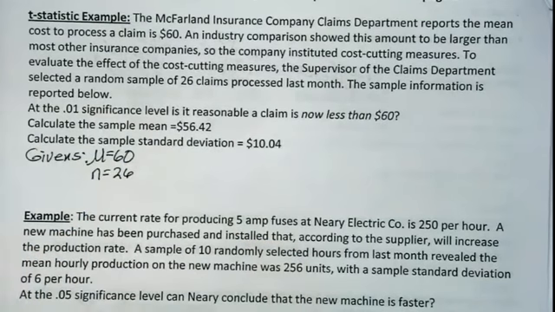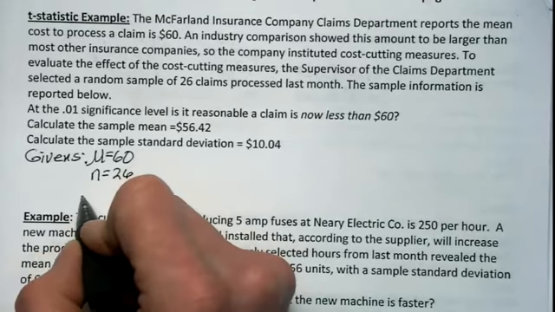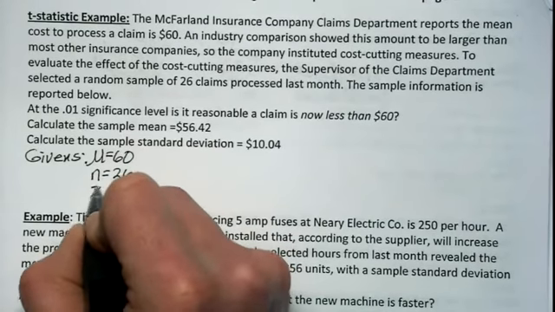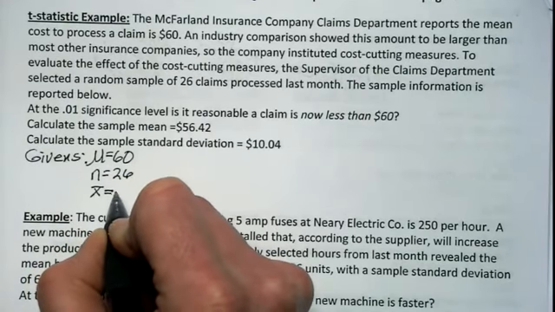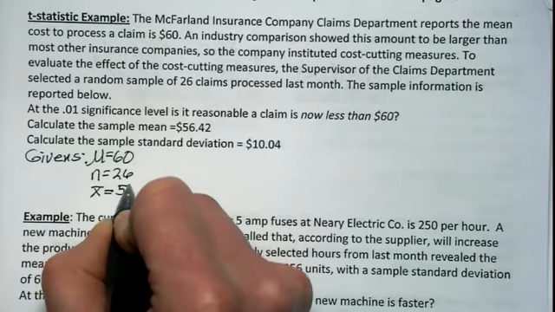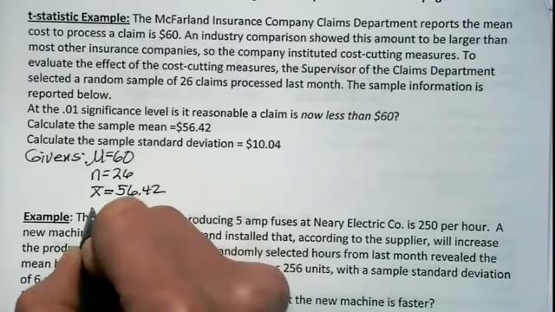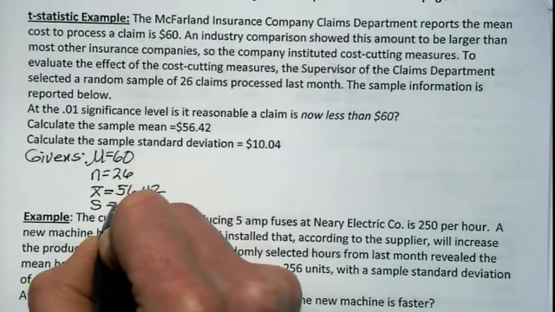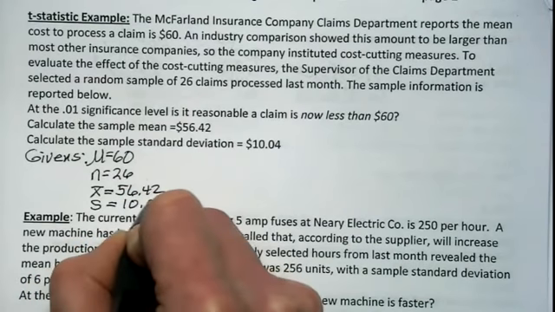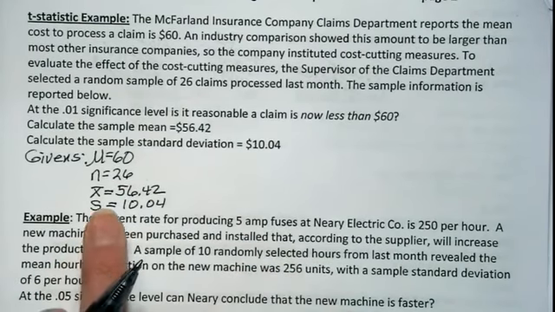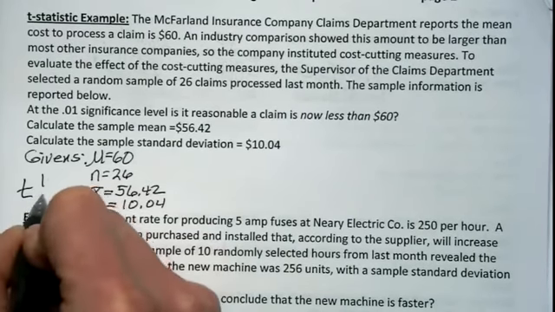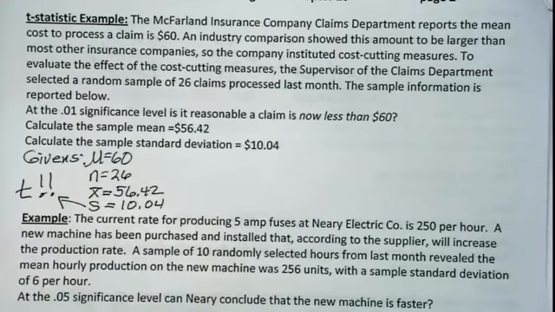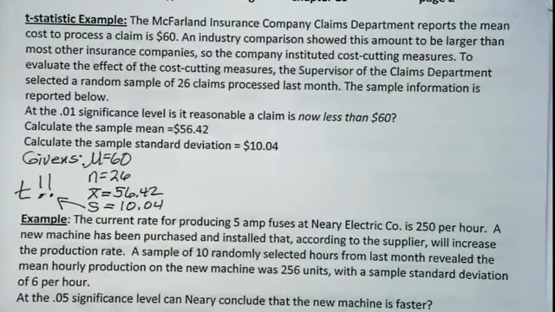On my PowerPoint, you'll see those 26 claims. From there, I used my statistical calculator, and I found a mean to process it after we changed the processing system. It only cost $56.42, and the sample standard deviation was $10.04. Well, since we have a sample standard deviation, that tells me it's a t distribution, not a z.